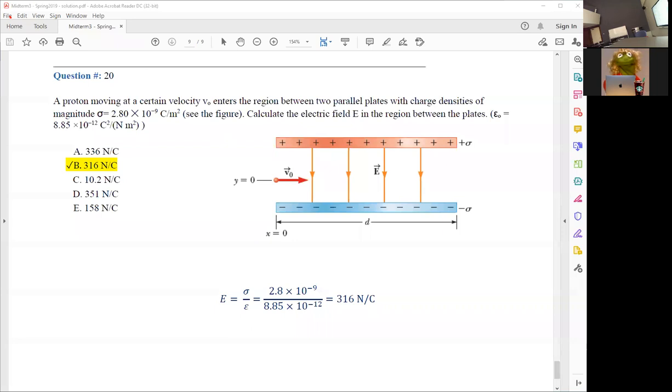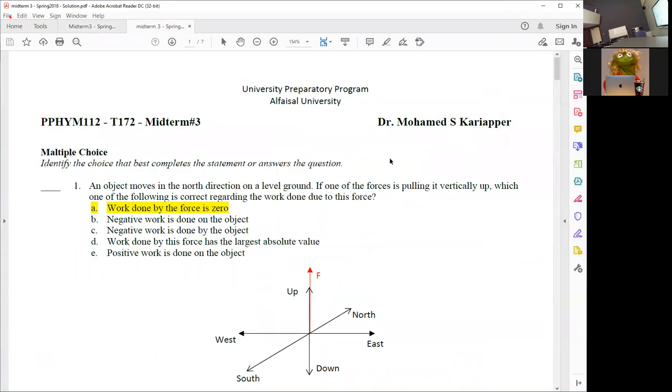I did not save it here, so I'll go back to the page. Okay, 2018. Just 1 second. Now, can you see the questions, guys, from midterm 2018?